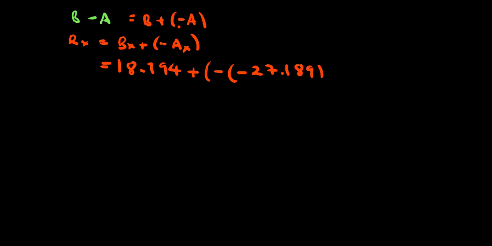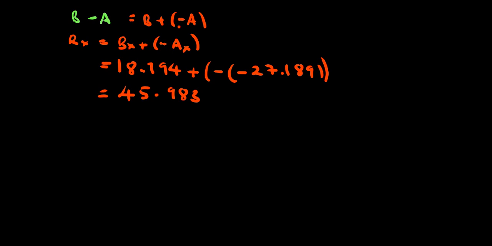When we expand, positive, negative times negative is going to give us a positive, and we'll just add. So this will become positive 45.983. So what changes in here is the direction. Everything will be the same, we just change the direction.